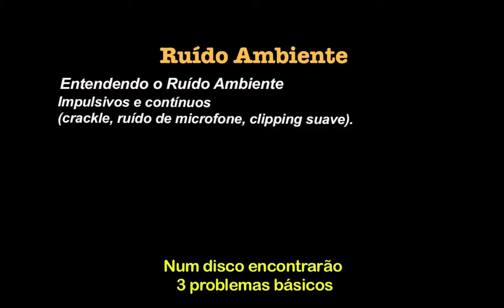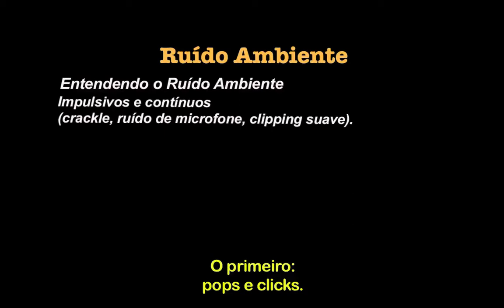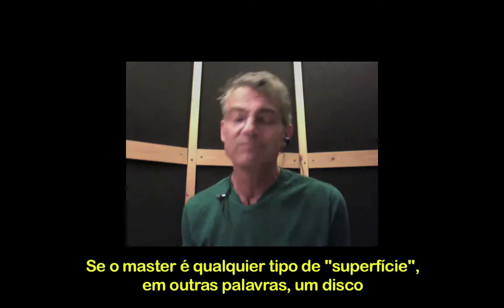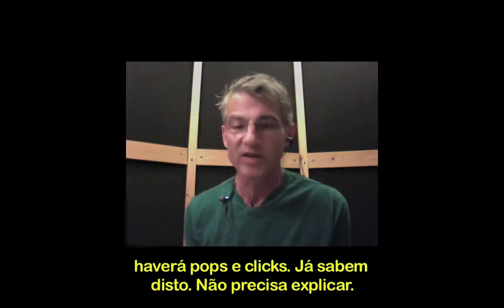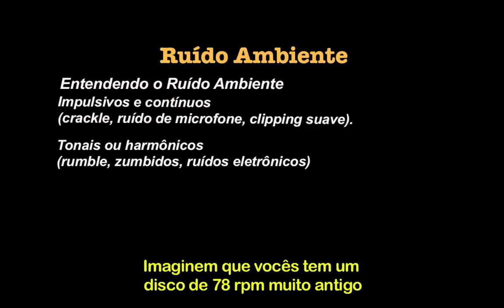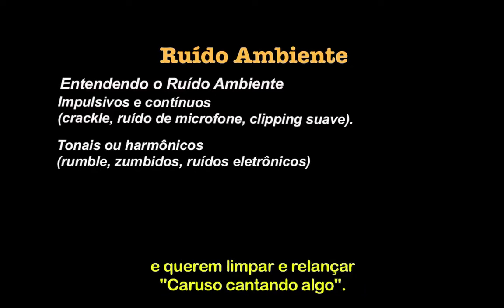On a record, there are three basic problems you encounter when you're transferring a record and trying to re-release it. First, pops and clicks. Obvious. If your master is some sort of a plate, in other words, a record, pops, clicks, you understand what that's about. No point explaining it. The next problem is rumble. Now imagine you have a really old 78 RPM record and you want to clean it up and re-release Caruso singing something.